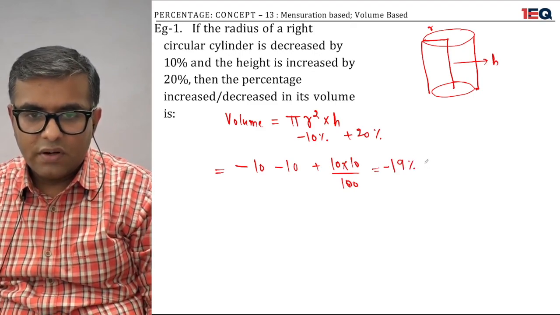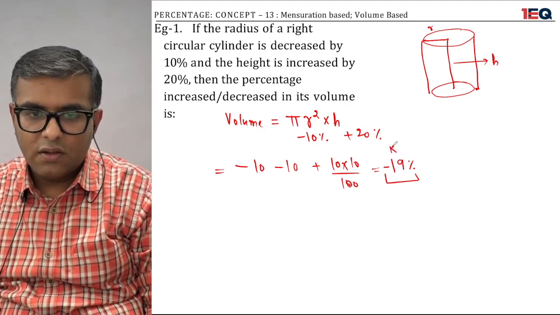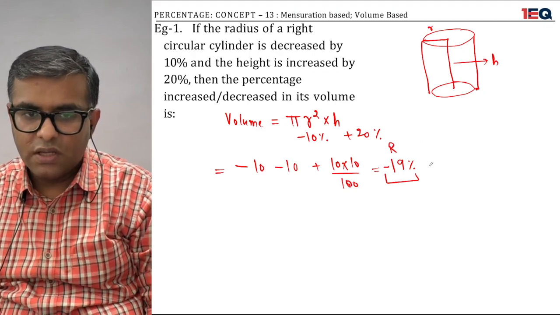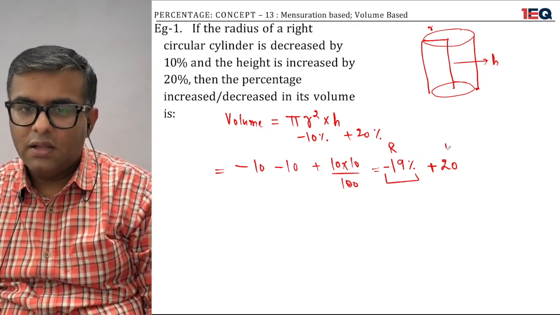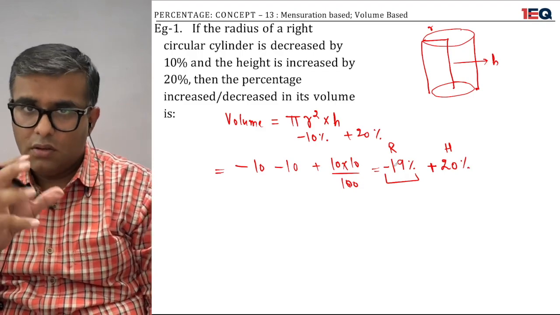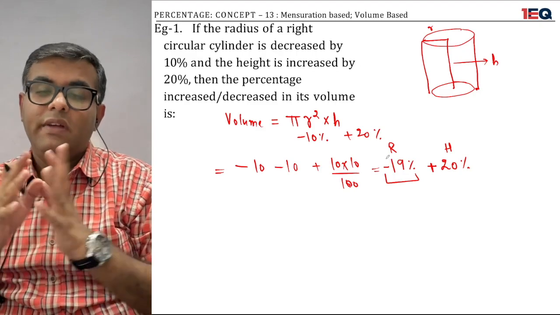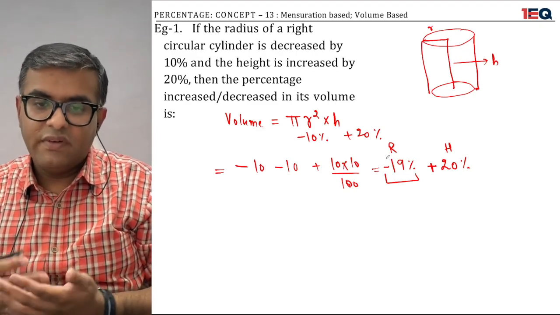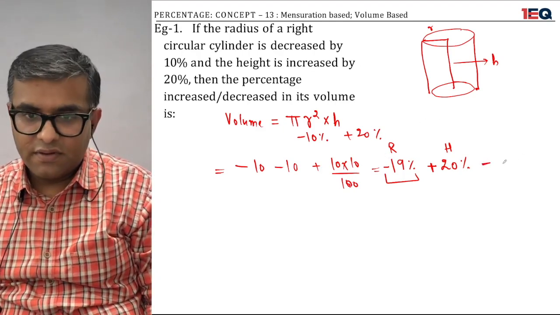Okay, I've already solved such a question. Now this is the answer which is coming through radius only. Now I need to take into account the height. The height is in an increasing fashion, so I would use a plus sign. The plus sign of the height, when collided with the radius, which is negative, comes out to be a negative again.